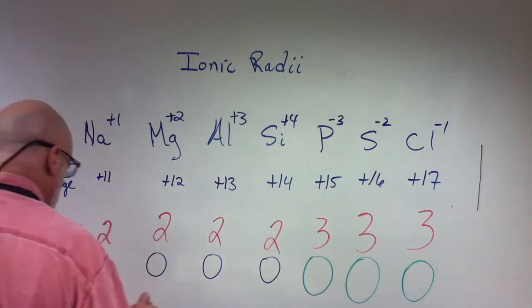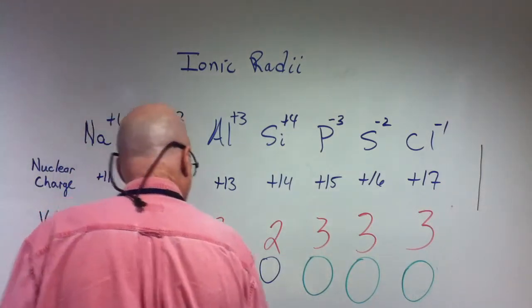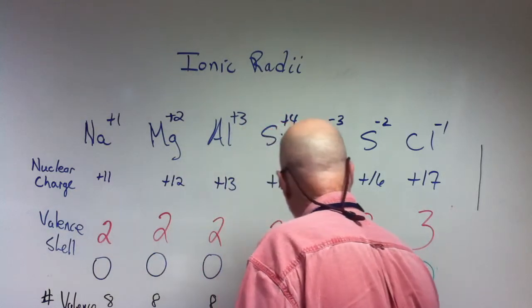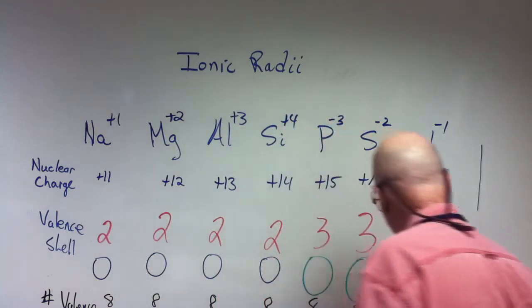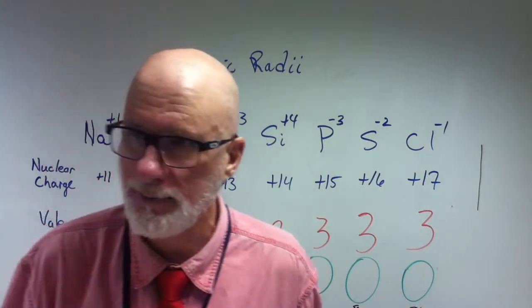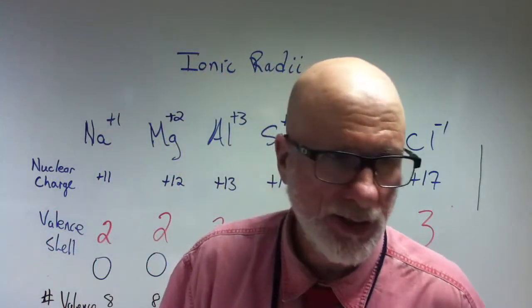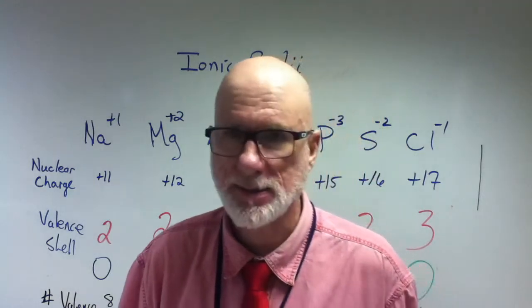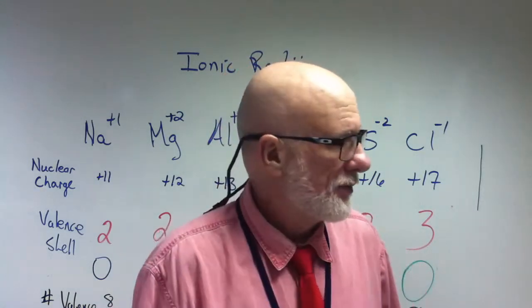It's going to be 8, 8, 8, 8, 8, 8, 8. Isn't that correct? Same number, right? Are you okay with that? Linda, you okay with that? Okay, excellent. All right, we're ready to rock and roll.